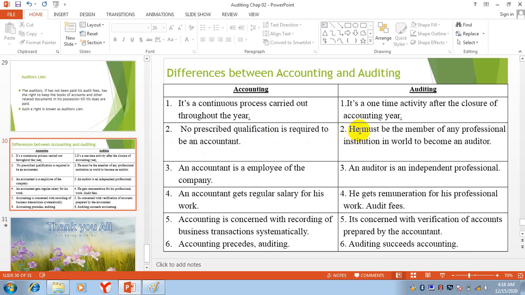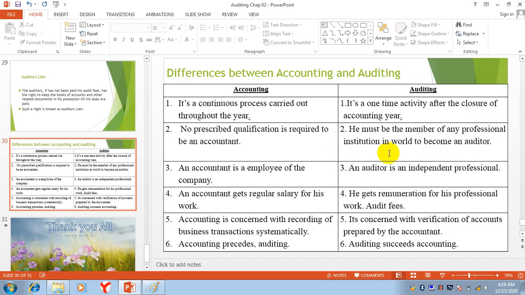But for auditing, he must be a member of a professional institution in the world to become an auditor. For becoming an auditor, you must qualify with a professional institution, just like ACCA, CA, ICMA.